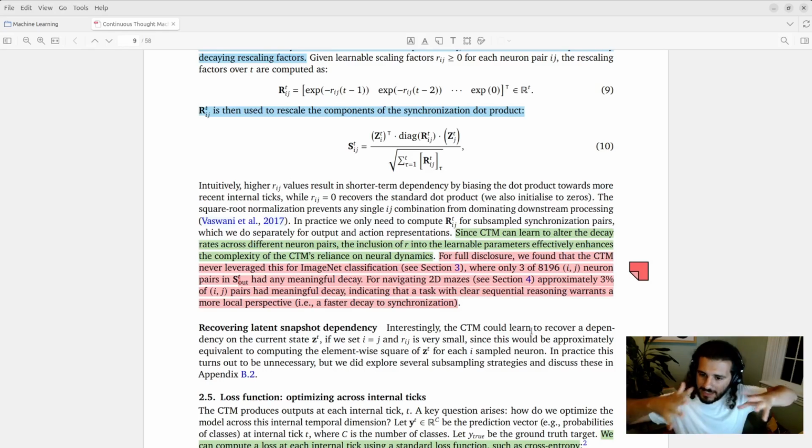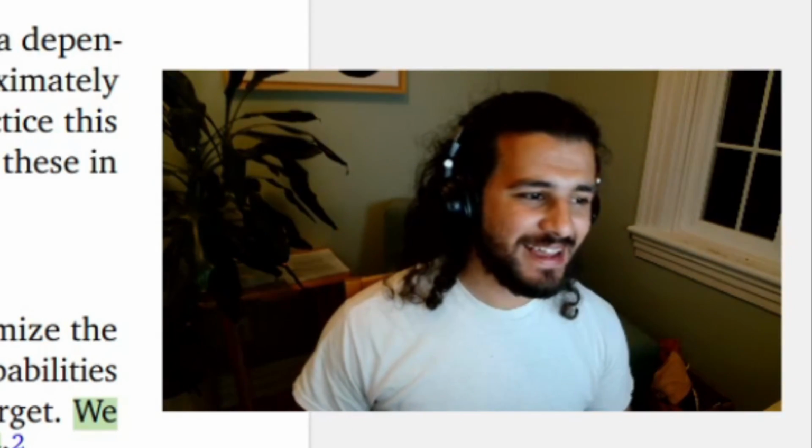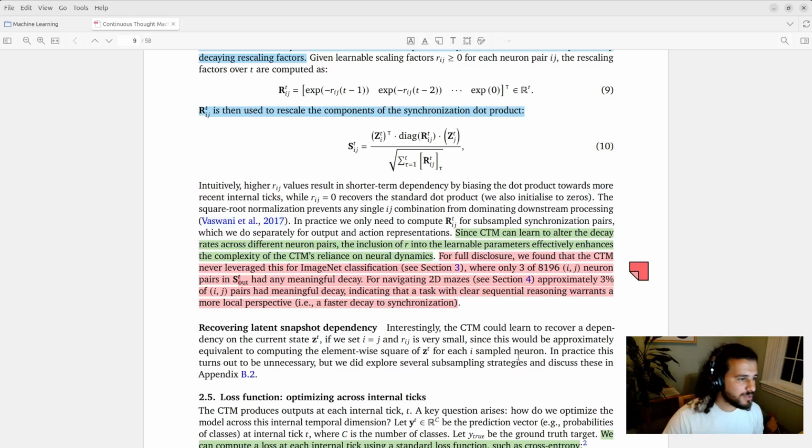The core idea is to have these different kinds of waveforms, and then the CTM can learn to alter the decay rate across different neuron pairs to create this population. That's the idea. However, the model in their cases doesn't use that much, right? They say here, full disclosure, they found that the CTM never leveraged this for ImageNet classification, where only 3 out of 8,000 neurons had meaningful decay.